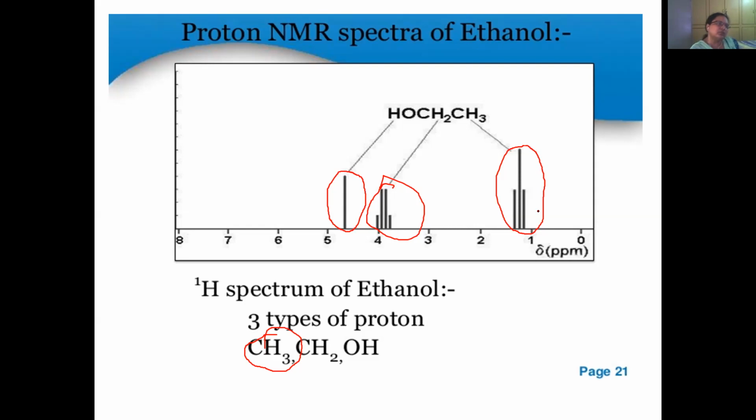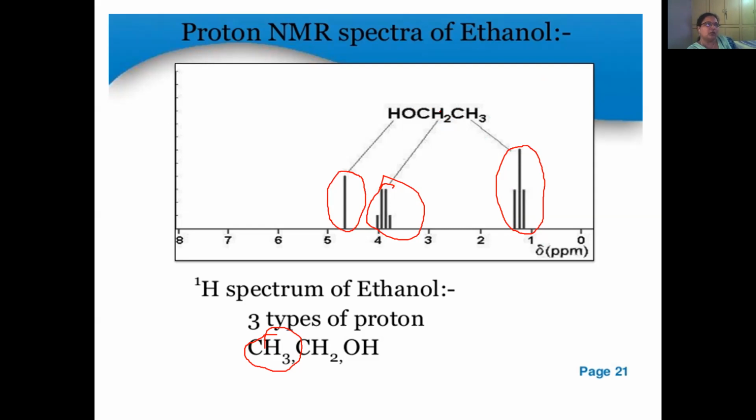Here you can see the splitting of these protons. How does this splitting take place? Besides the methyl group, there is a CH2 group, so you apply the n plus 1 rule: 2 plus 1 gives a triplet. So for this methyl group, you will get a triplet peak.